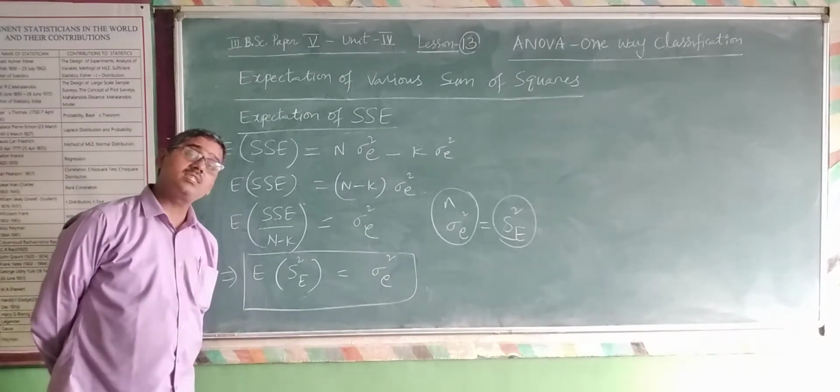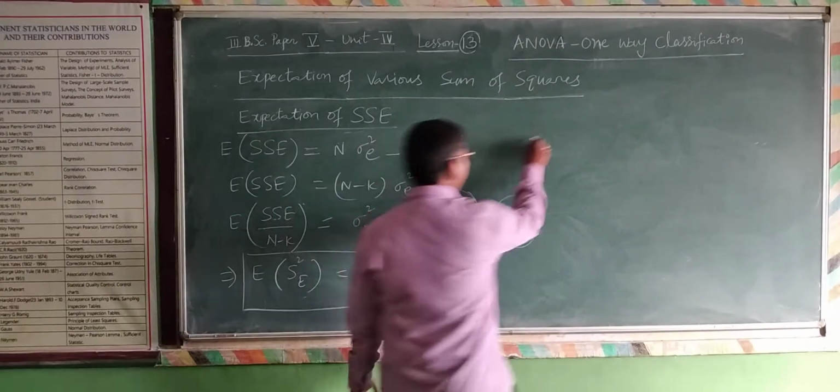Under the null hypothesis, expectation of s square T is equal to sigma square e also.